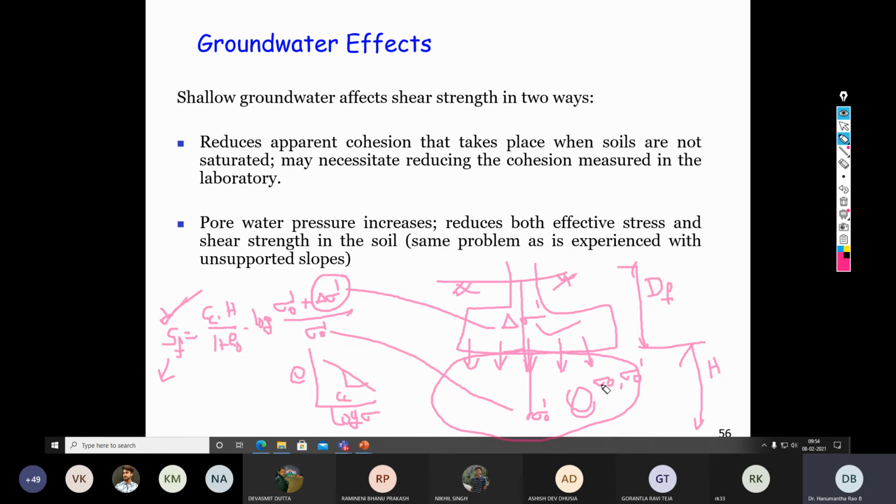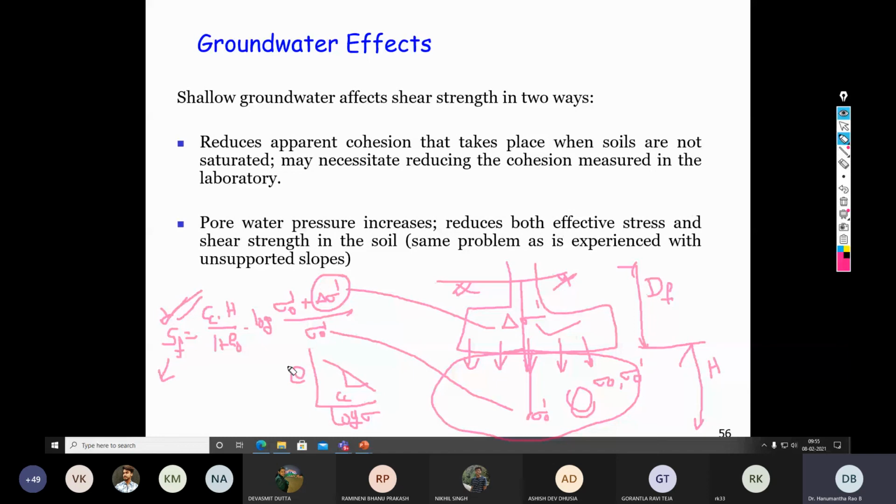Initially there is total stress, then it slowly gets transformed to the effective stress with reduction in the pore water pressure. That is how your settlement increases within the soil sample. That means as there is a change in the groundwater, it has an obvious consequence in the form of change in the settlement.